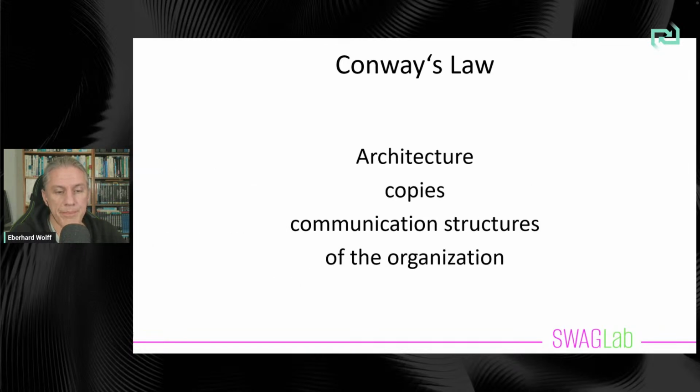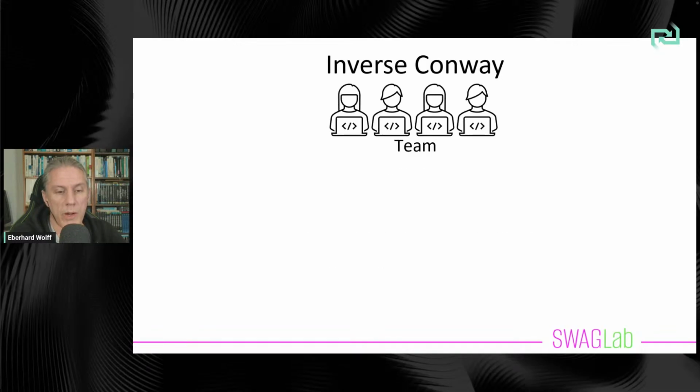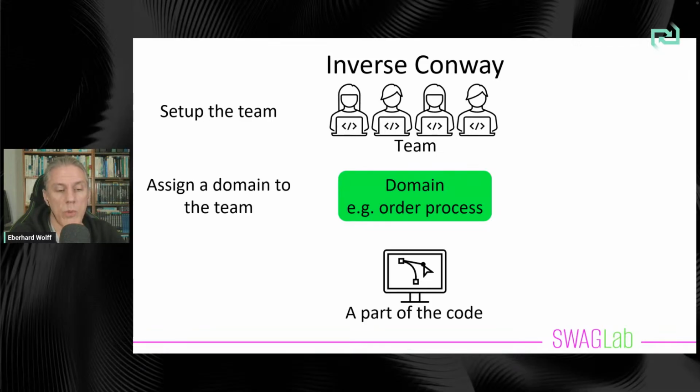So Conway's law, as I said, says that the architecture copies the communication structures of the organization. Now, there is the idea of the inverse Conway law, where we basically say, okay, we set up some team, we assign them some task like order processing, and then automatically we will get a part of the code that implements that part of the domain.